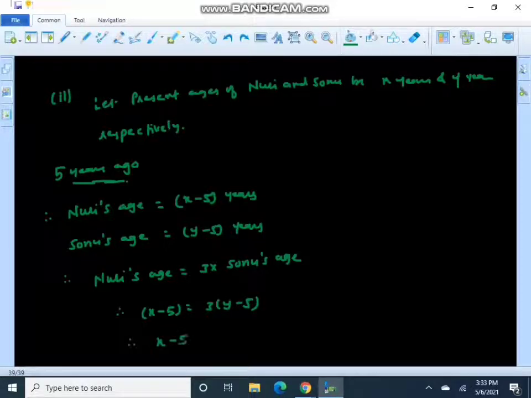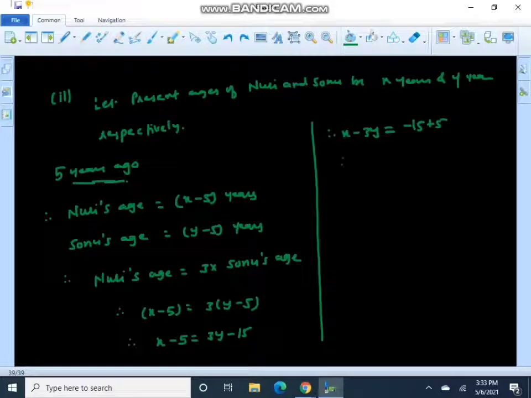Therefore, x minus 5 is equal to 3y minus 15, and therefore x minus 3y is equal to minus 15 plus 5. Therefore x minus 3y is equal to minus 10. Equation 1.